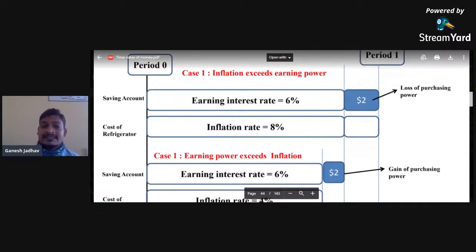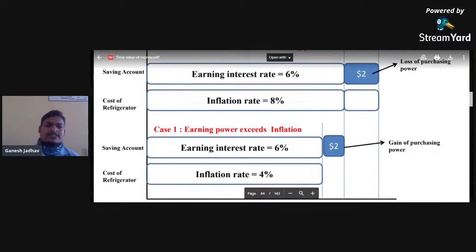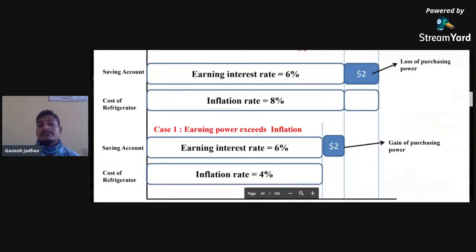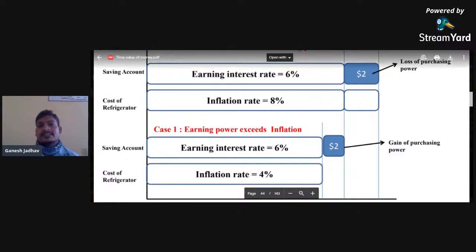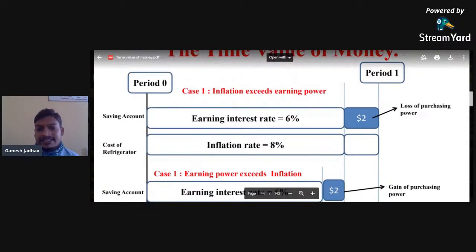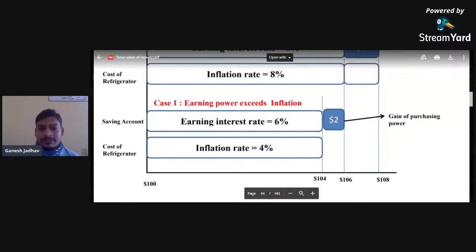The first one is inflation exceeding earning power, and this is earning power exceeding inflation. So this is the savings account. The earning interest rate is 6%, but the inflation rate is different. We can say that this is the difference in the period also. This is the gain in purchasing power for the $2 also.